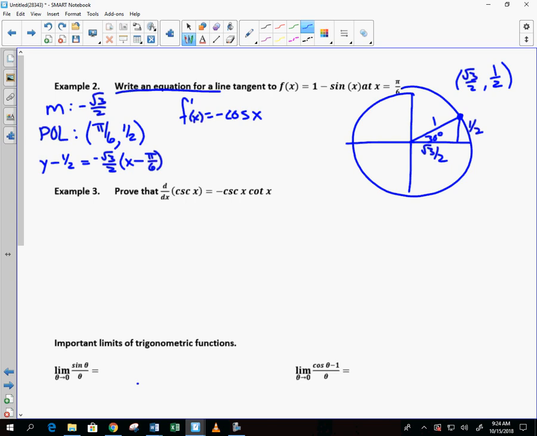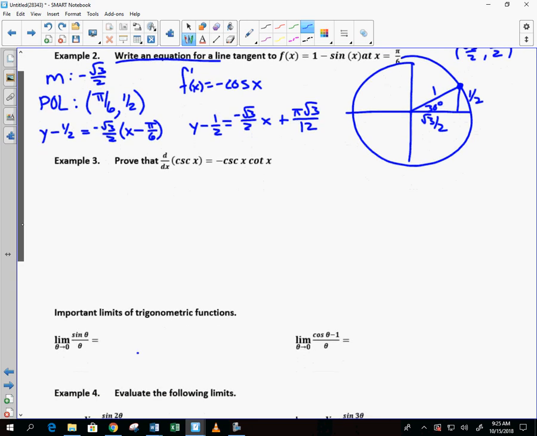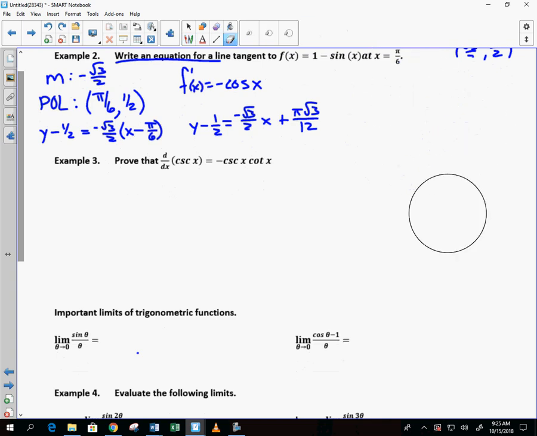So if we simply just distribute, we have y minus 1/2 is equal to negative root of 3 over 2x plus pi roots of 3 over 12. And then I could simply add the 1/2 or the 6/12 over to the other side.